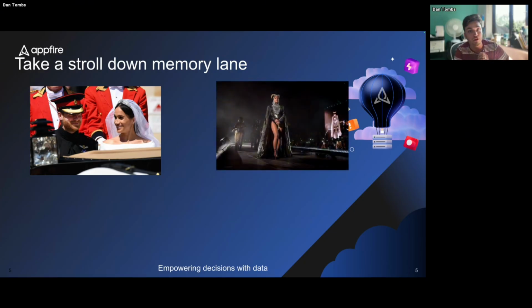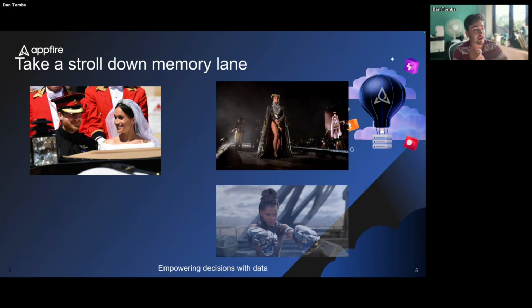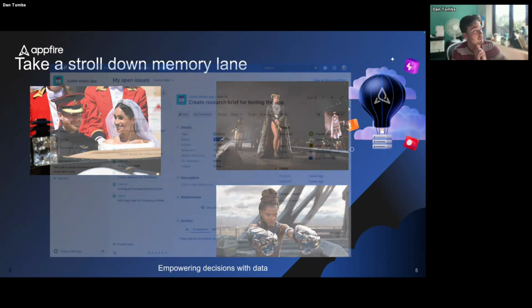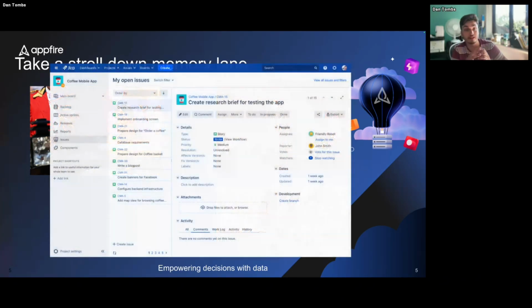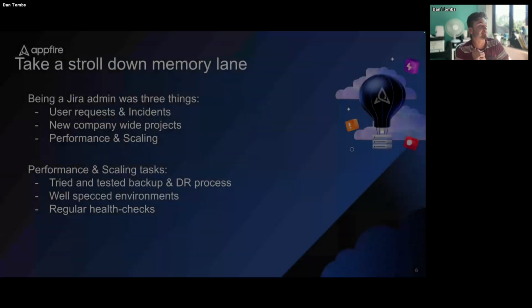Beyonce became the first African American to headline Coachella. The first Black Panther was released in cinemas 7 years ago, which is kind of scary. But of course, to keep this on theme, Jira Server was still around and Jira used to look like that. Now, who doesn't miss those days?